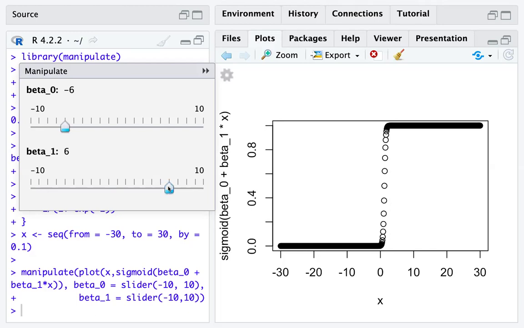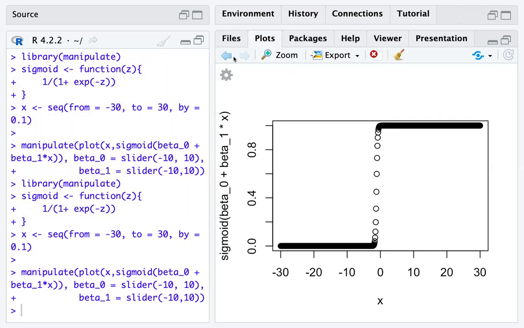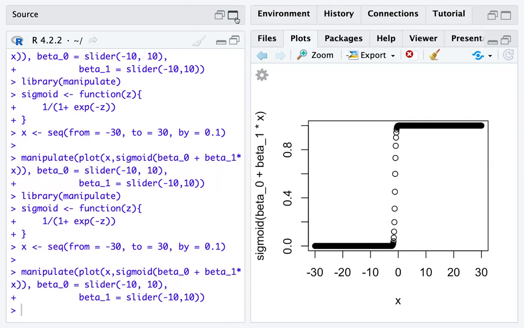And beta 0 is a translation of the function. So this is simply how to play with this function.